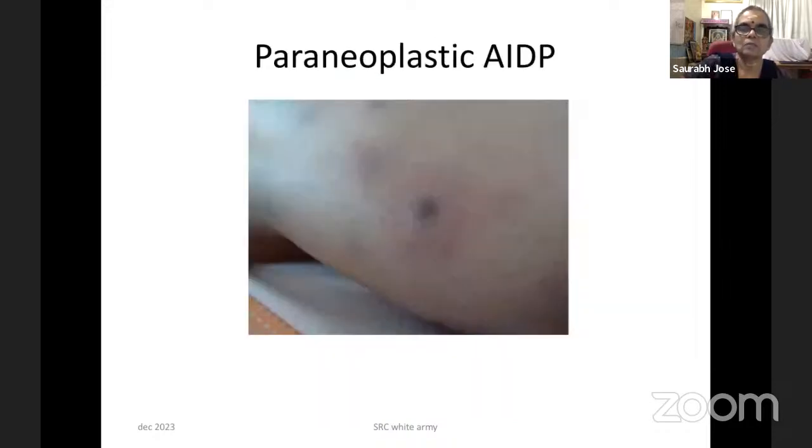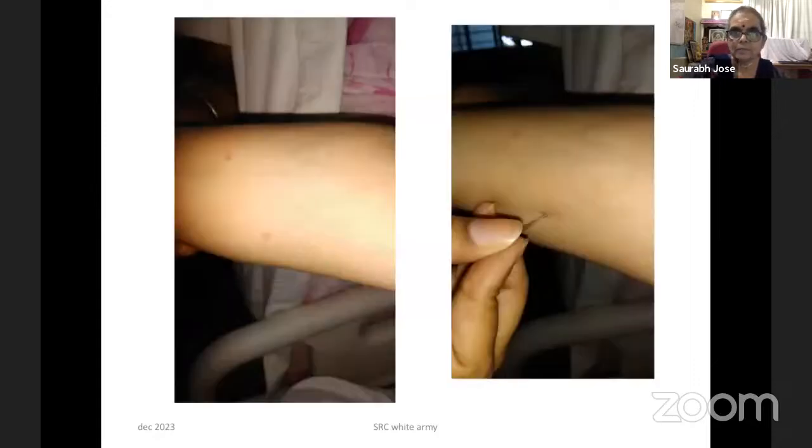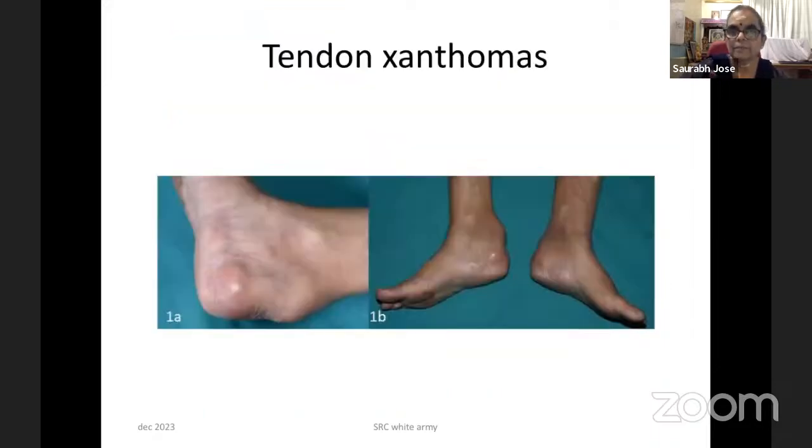And this is a kind of skin lesion we find in a patient who presents like AIDP. If you find this kind, they are markers of internal malignancy, lymphoreticular neoplasms. They present with this kind of papules. This is purpuric spots, again pointing to vasculitis.